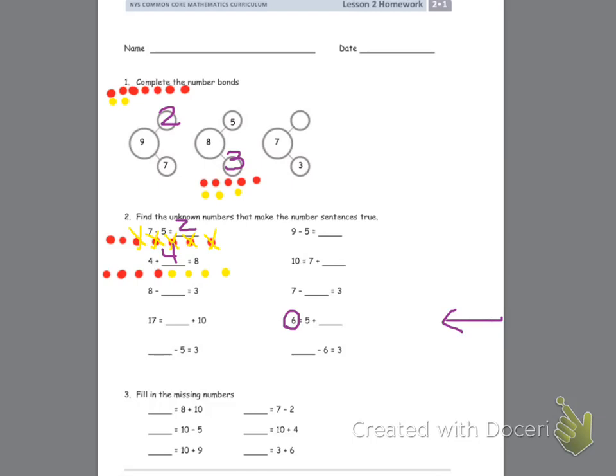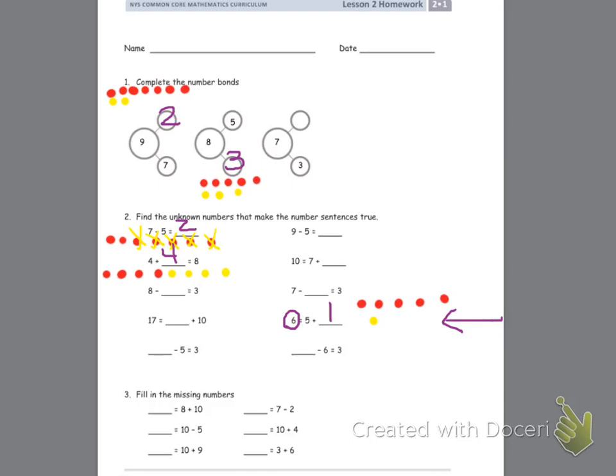That means 6 is the same as 5 plus blank. So if your student doesn't know how to do it, go ahead and have them draw 5 dots, 1, 2, 3, 4, 5, and continue counting on until they get to 6. 6. Since there was only one more yellow dot added, the answer is 1.